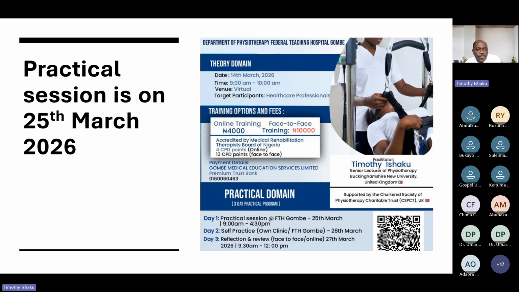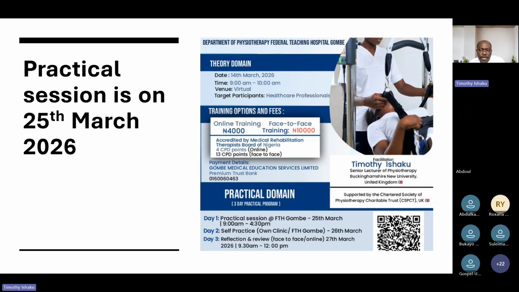It will be at Federal Teaching Hospital, Gombe. They have graciously agreed to partner with us and deliver these sessions face-to-face in Gombe State on the 25th. It would be nice for everybody to attend, but I understand sometimes it might be difficult because of location restrictions.